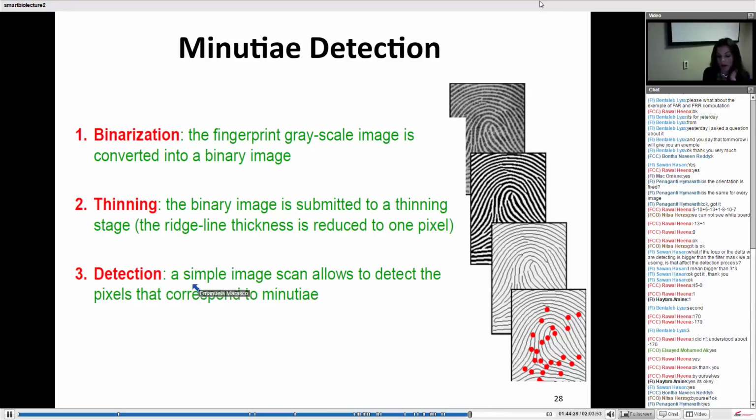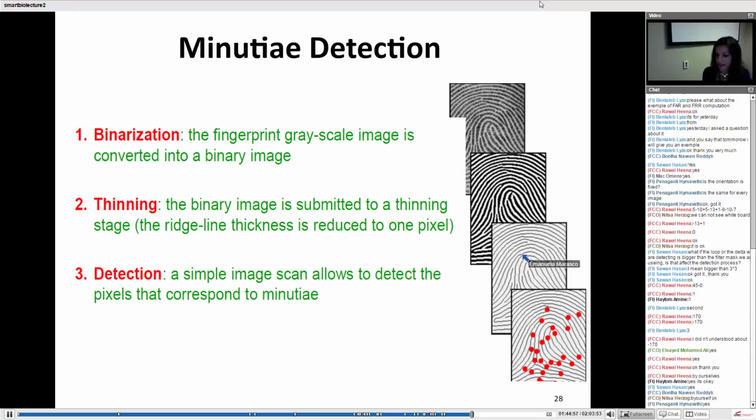Then the detection itself. At this point, once we have the thinned image of the fingerprint, we can detect the points. A simple image scan of the thinned image allows us to detect the pixels that correspond to minutiae. We can see here in the fourth image an example of minutia detection.